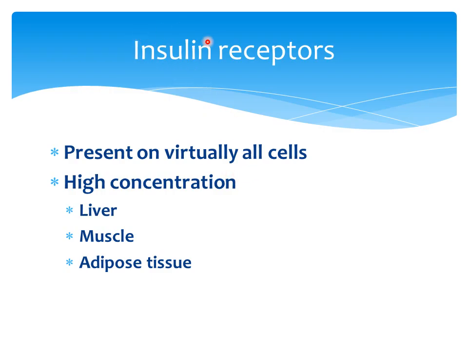These actions of insulin are brought about by the binding of insulin to insulin receptors. Insulin receptors are present on virtually all cells of the body, but the highest concentration of insulin receptors are found in the liver, in the muscle, and in adipose tissue.